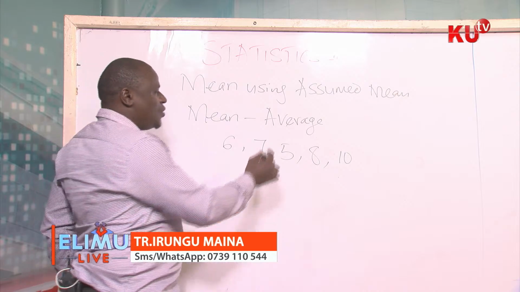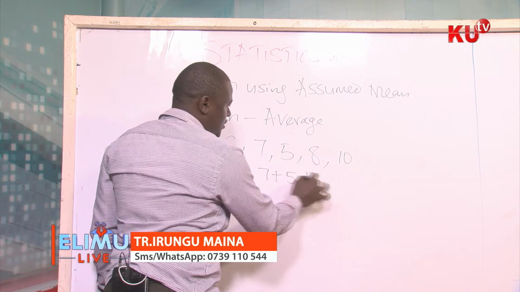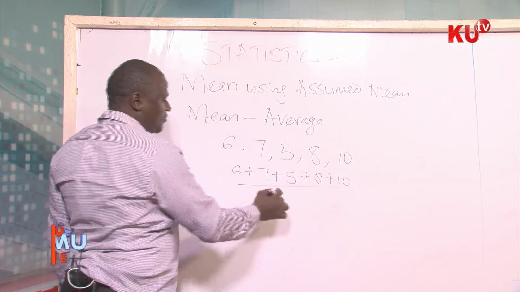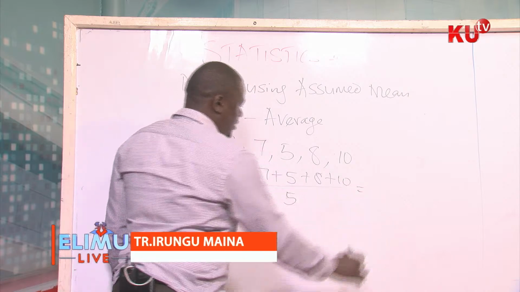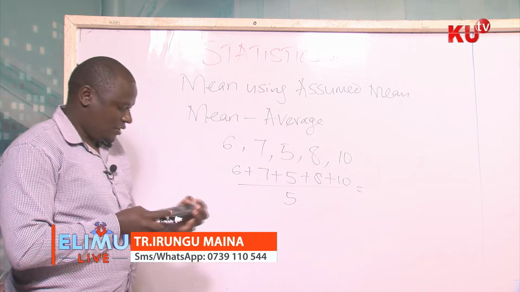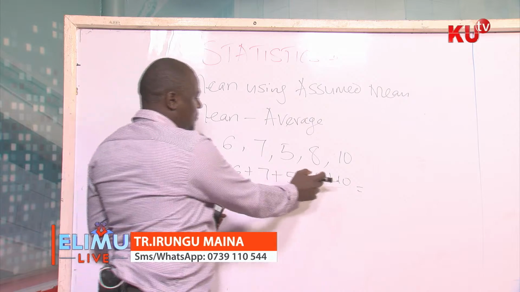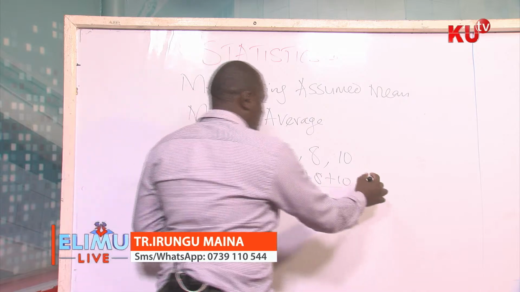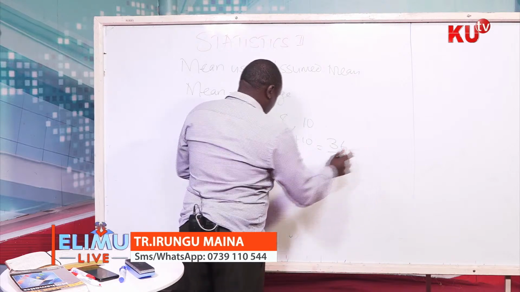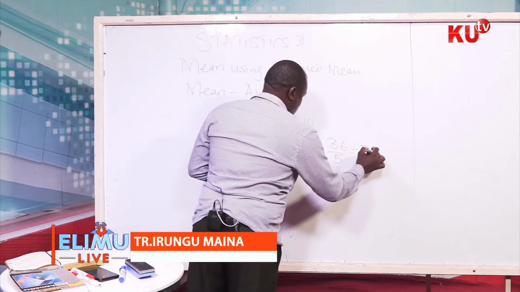How do we get the mean? We shall add them, 6 plus 7 plus 5 plus 8 plus 10. Then we divide that by the number of entries. We have 5 entries or 5 students. If you add using your calculator, possibly very fast, you'd end up with 13 plus 5, that is 18, plus 8, that is 26, plus 10, 36, divided by 5, and you'll end up with 36 over 5, that is 7.2.